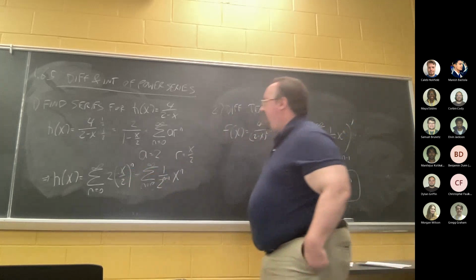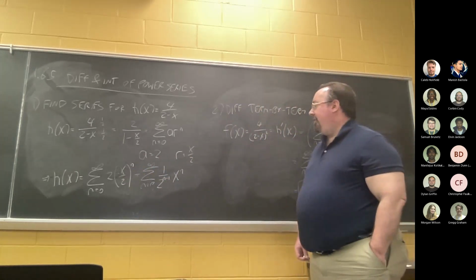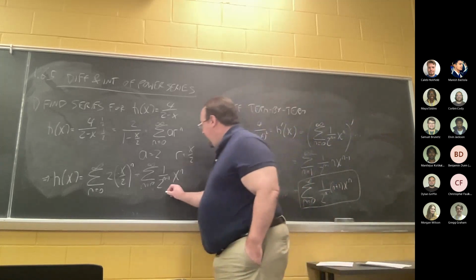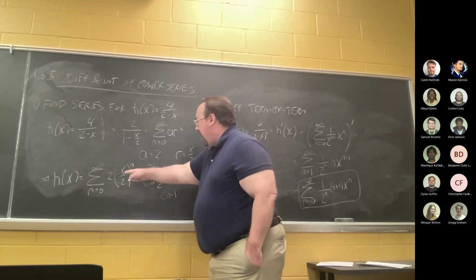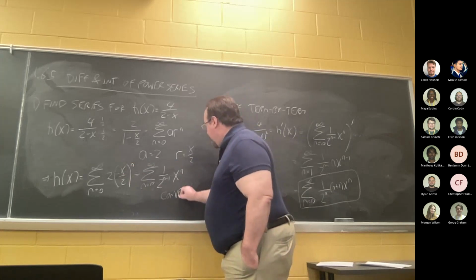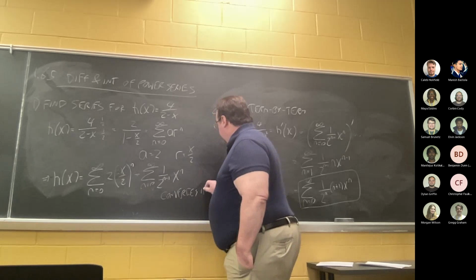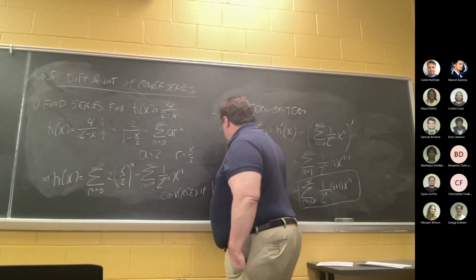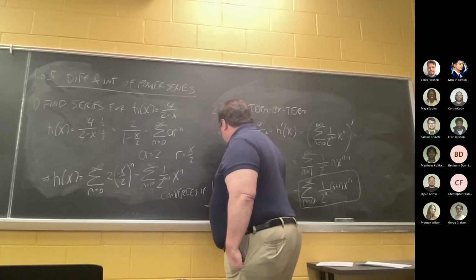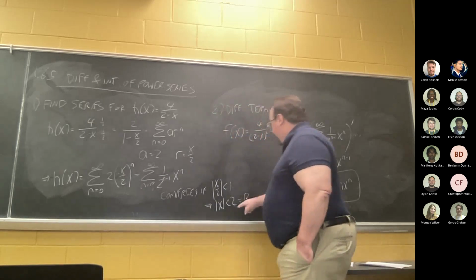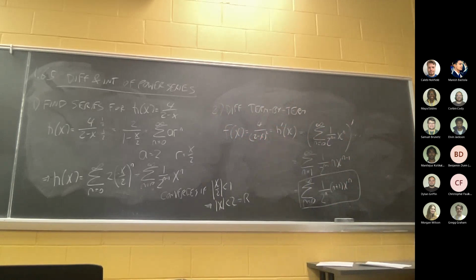This is a geometric series, so when does it converge? x over 2 is less than 1. Yeah, r here, x over 2, has to be less than 1 in absolute value. Another way of putting it is the absolute value of x is less than 2. So 2 is the radius of convergence of the first series. But because differentiating term by term does not change the radius of convergence, the same is true over here.